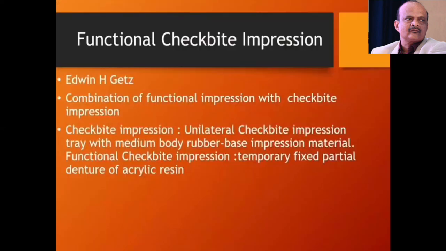Functional check point impression, recommended by Edwin Gates. This is a combination of functional impression with a check bite impression. A unilateral check bite impression is made with a medium body rubber-based impression material. Then a temporary fixed partial denture in acrylic resin is fabricated.